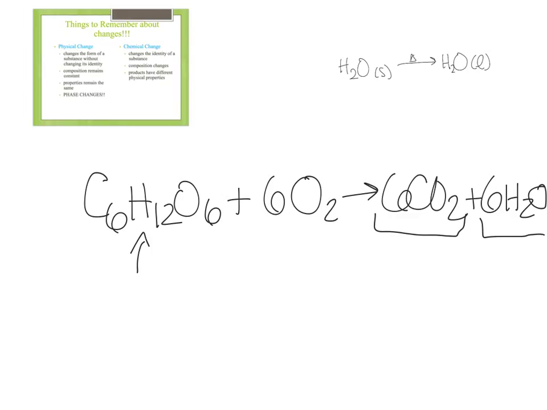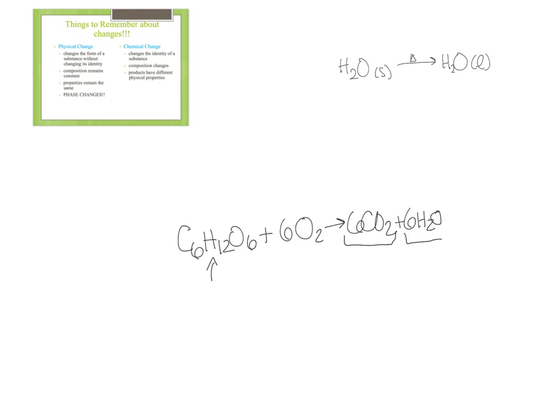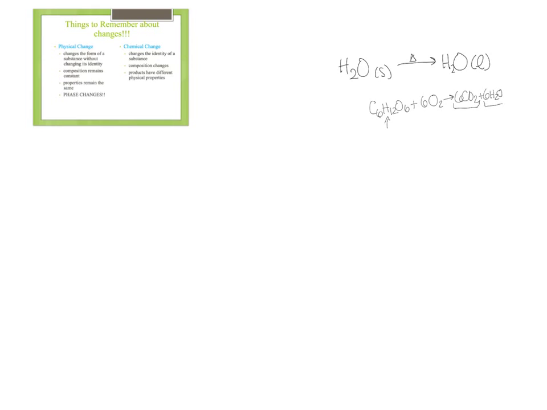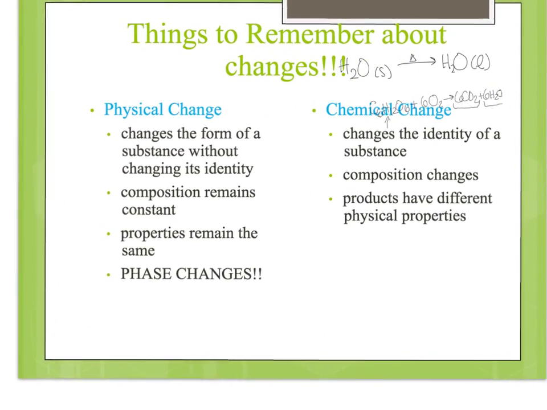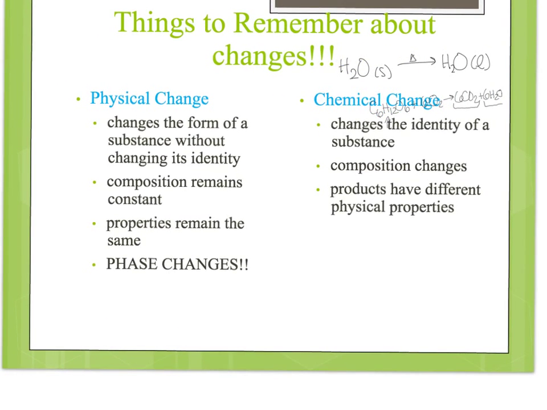The property of that solid glucose is totally different than the properties of carbon dioxide and water vapor. So a physical change is going to be a change in state where you still end up with the same thing. A chemical change, we're not going to end up with the same thing. And we're going to have a complete change in the properties.